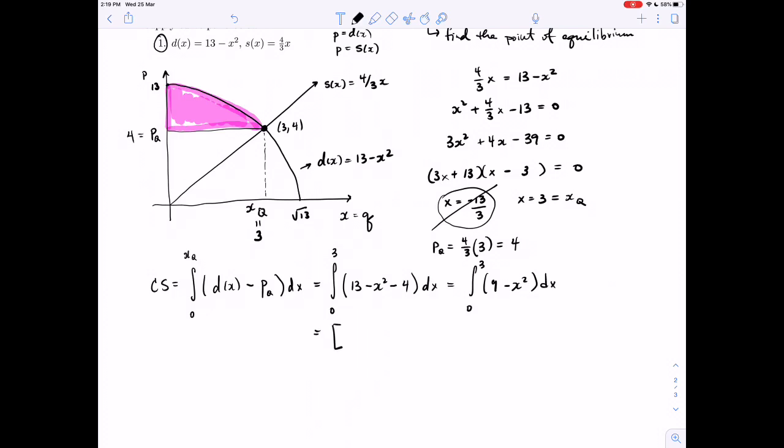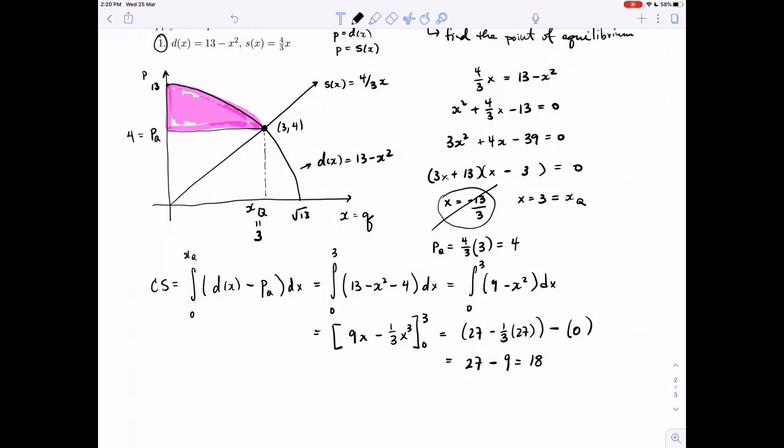So we need an antiderivative, 9x minus 1/3 x cubed, evaluated from 0 to 3. Evaluating at the top, 9 times 3 is 27, minus 1/3 of 3 cubed. 3 cubed is also 27, minus 0, so that's all just 0. So 27 minus 27 over 3 is 9. 27 minus 9 is 18, and so that's the answer.